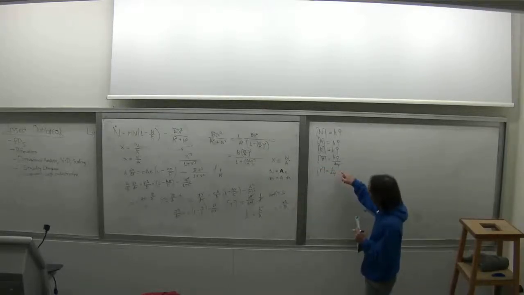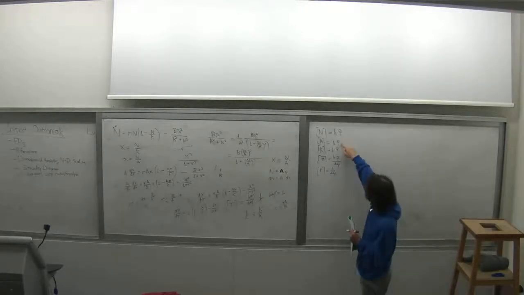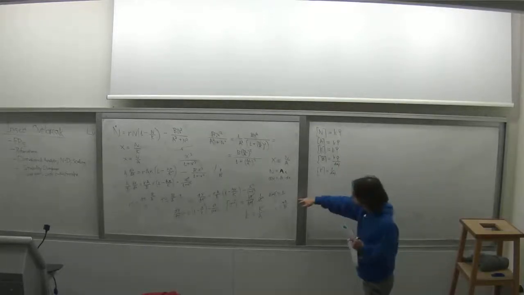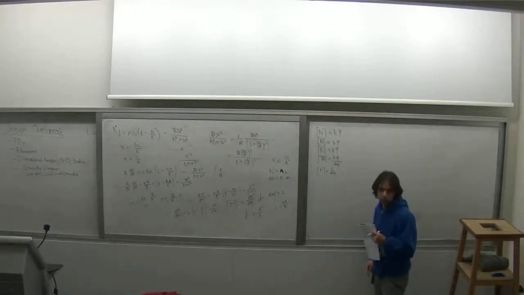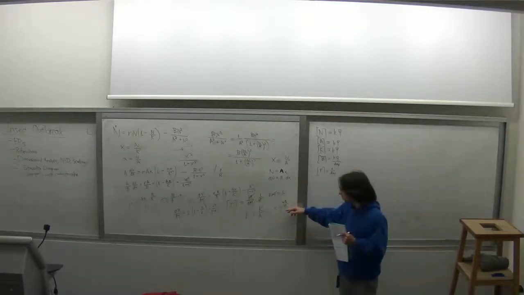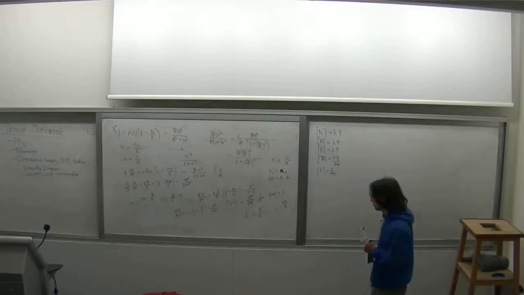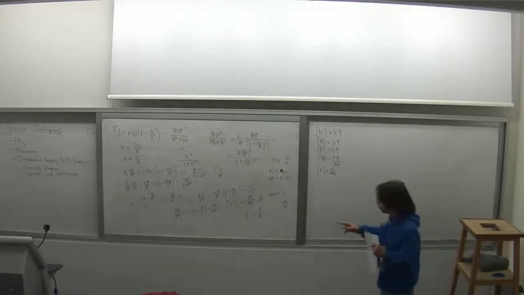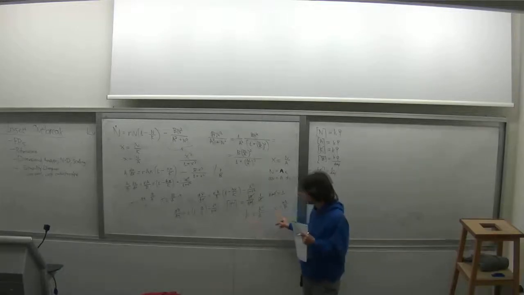It's 1 per day times kiloworms divided by kiloworms per day. So it's kiloworms per day divided by kiloworms per day. And s has no dimensions. So this is good, having new parameters that have no dimensions.